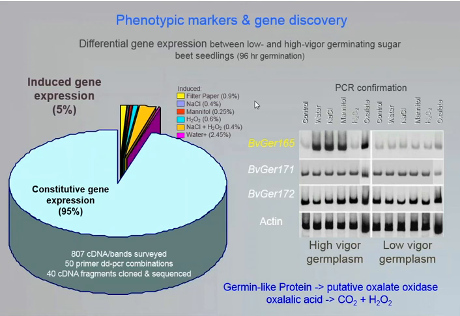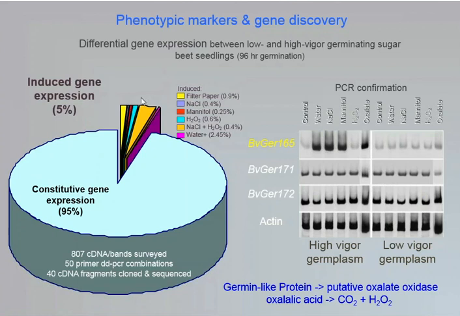So here again, we're looking at some sort of gene expression between low and high vigor sugar beet seedlings. Okay, and so in this particular instance, 95% of what we looked at did not vary between germplasms or treatments even, and 5% did.